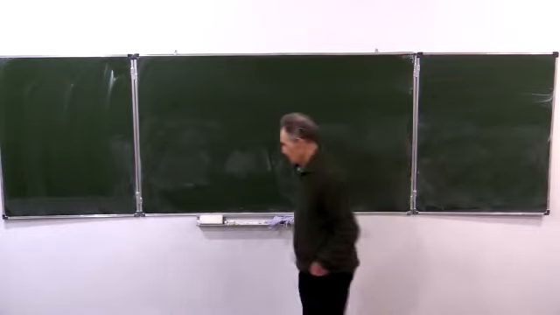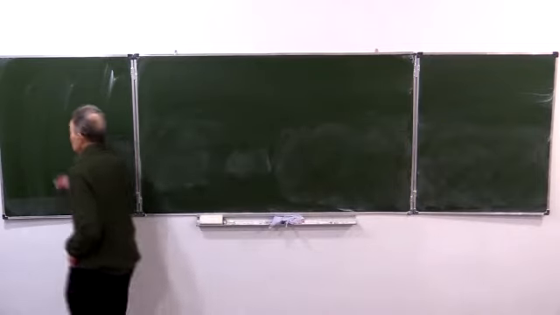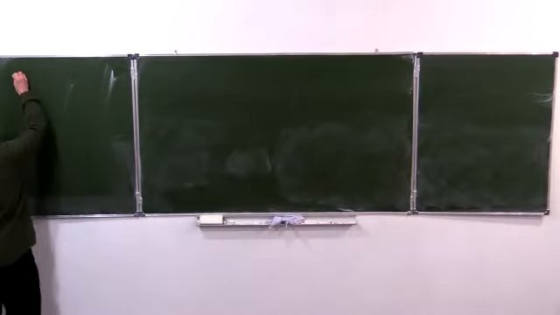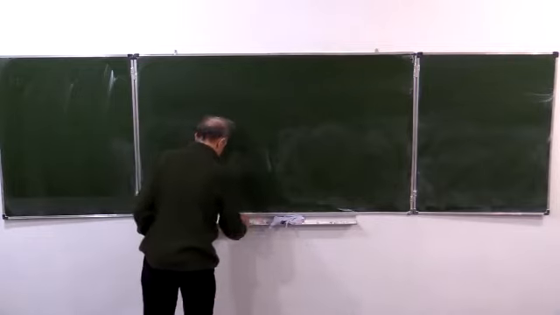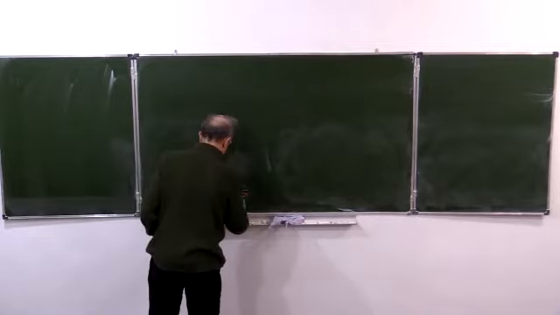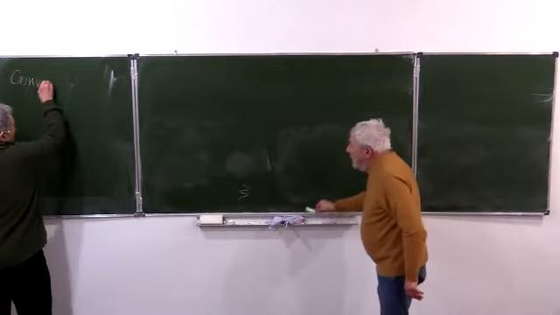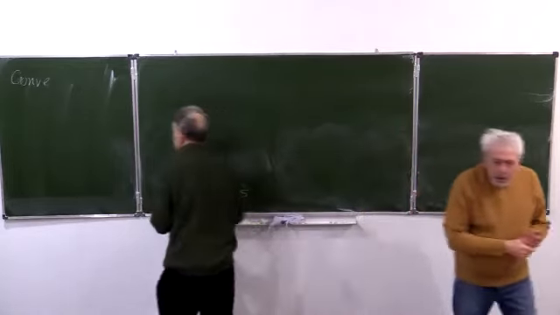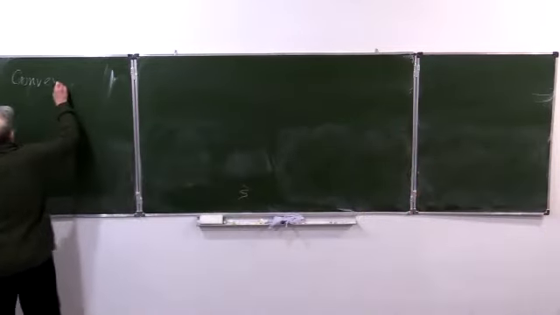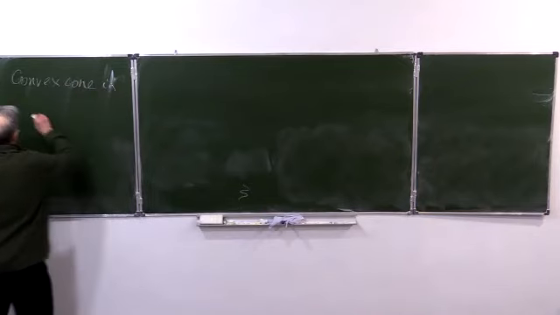But I start from a very elementary object. This is the definition of a convex cone in a vector space.